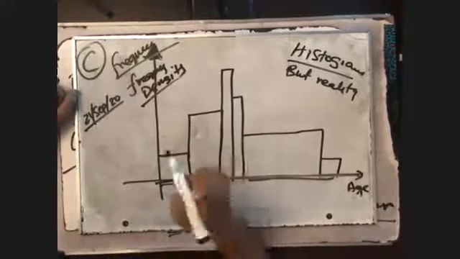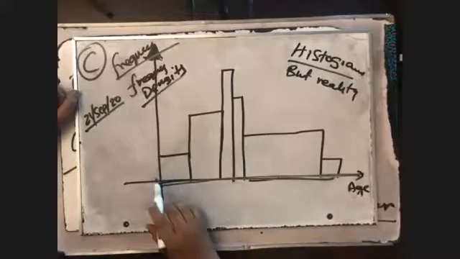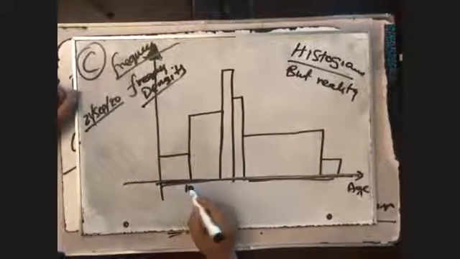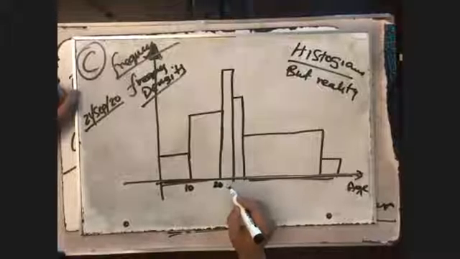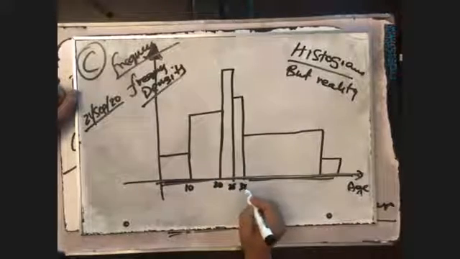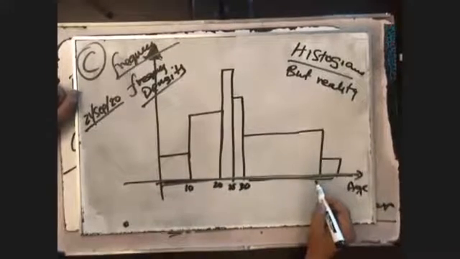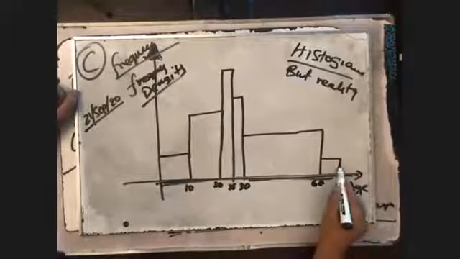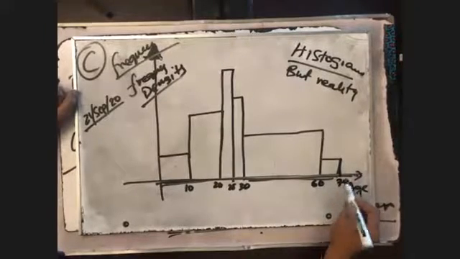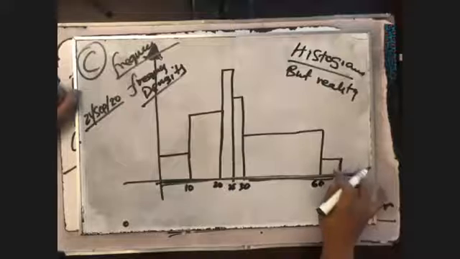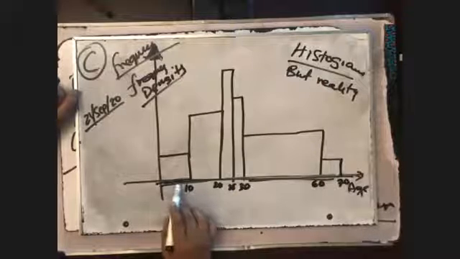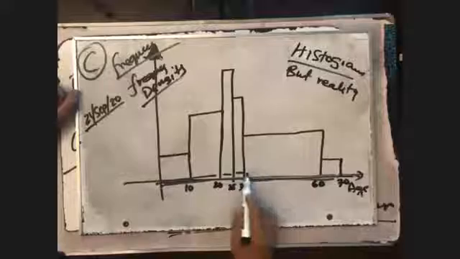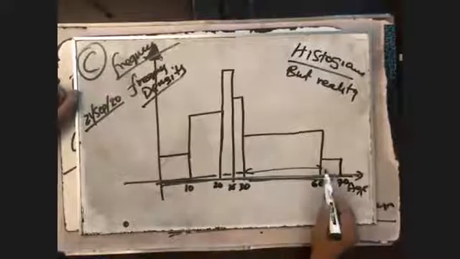The problem that is arising here is that now the histograms have different spacing. This is 10, this is 20, this is 25, this is 30, this is 70, 60. And this is 70. So the spacing here is 10, another 10. This is a 5, a 30, and a 10.